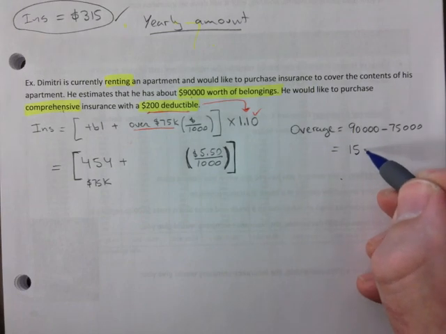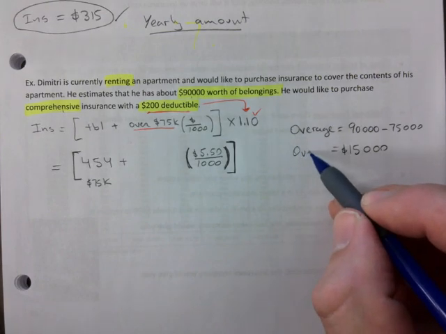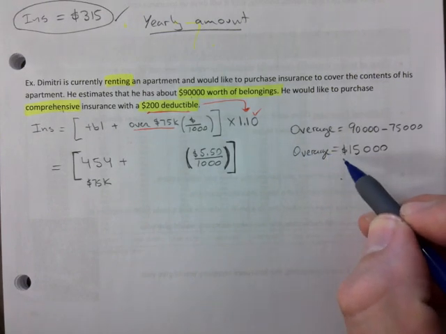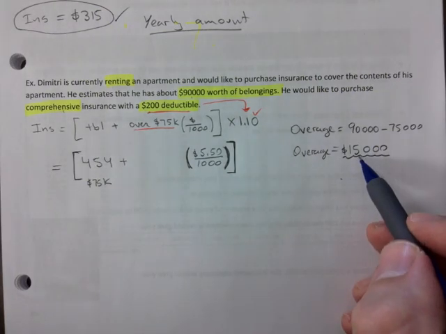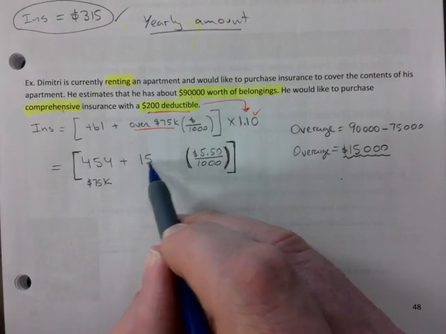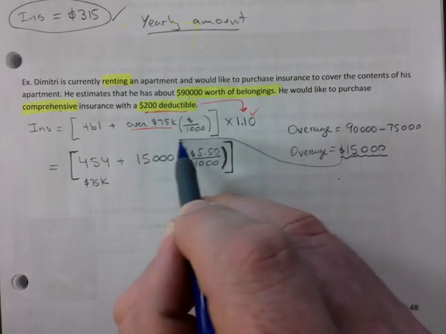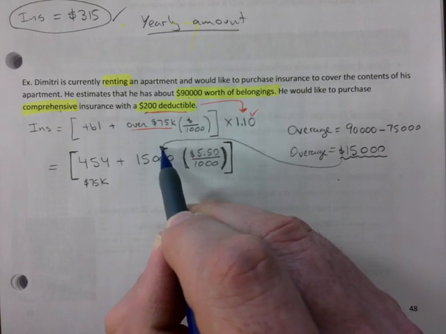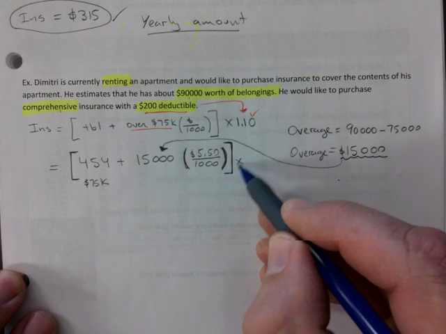That gives you $15,000 of what we call overage. This is very important. This 15,000 is going to come in here. So you put that 15,000 in there, and then you go times 1.10.